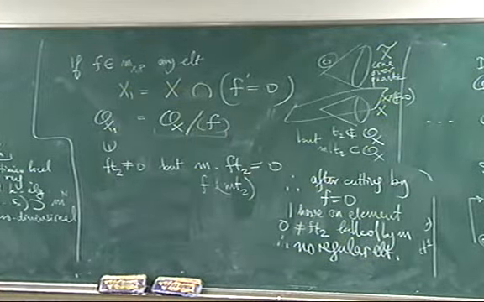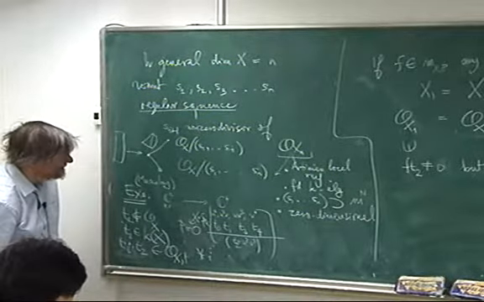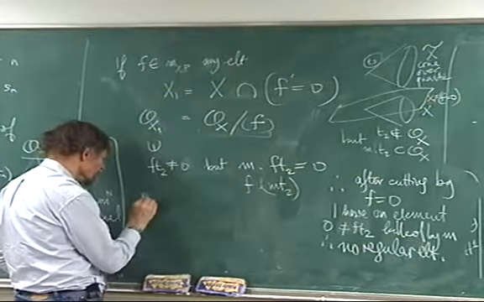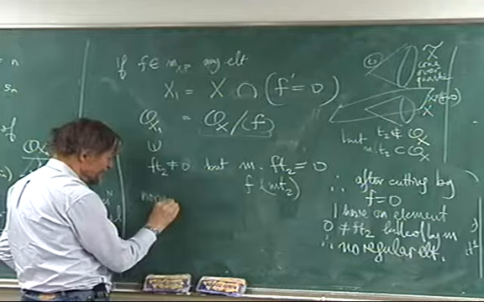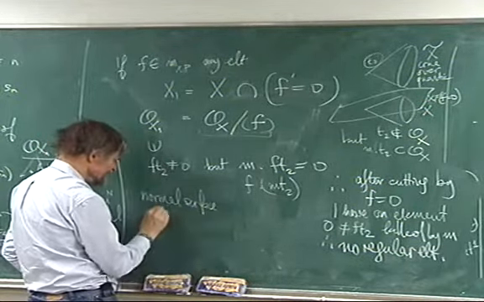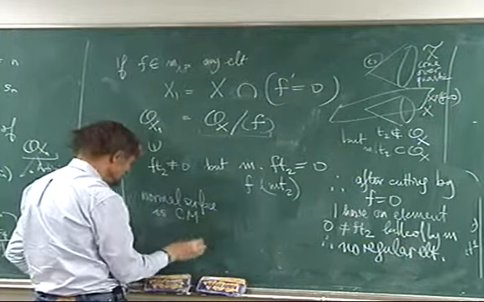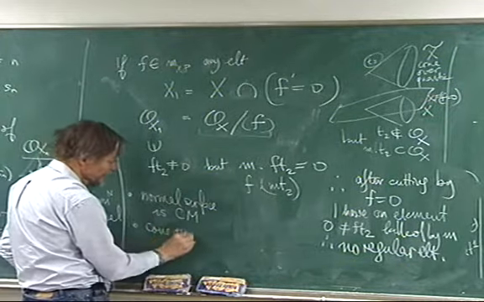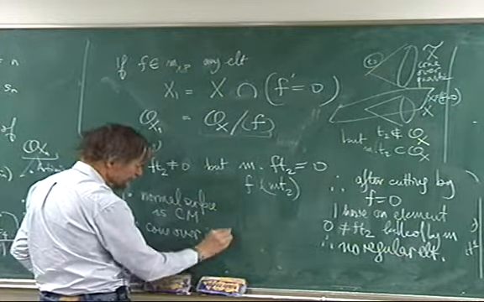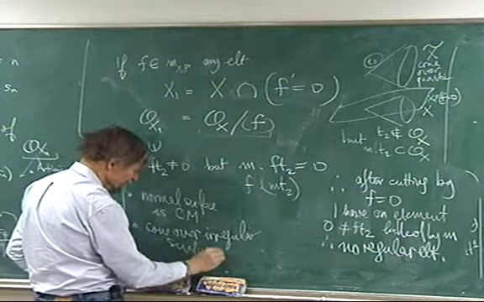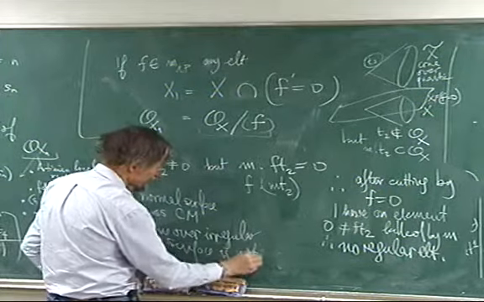Okay, so the example is simple enough. The phenomenon itself is sort of pretty obscure, pretty strange. Anyway, the thing to remember is that a normal surface is Cohen-Macaulay, and the cone over an irregular surface is not, for basically the same reason.